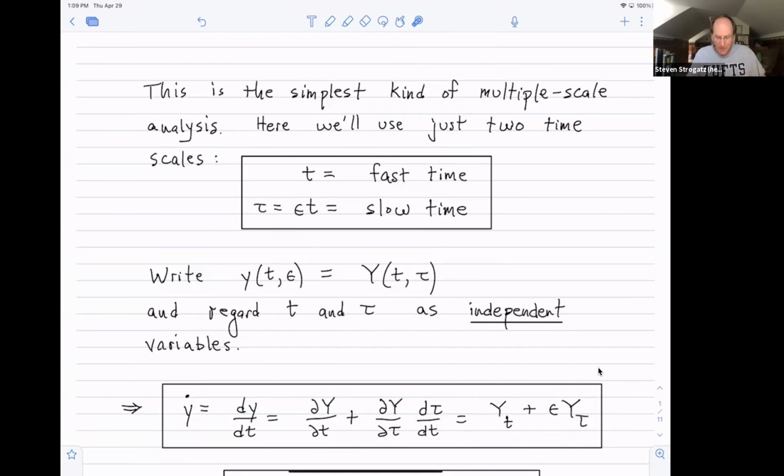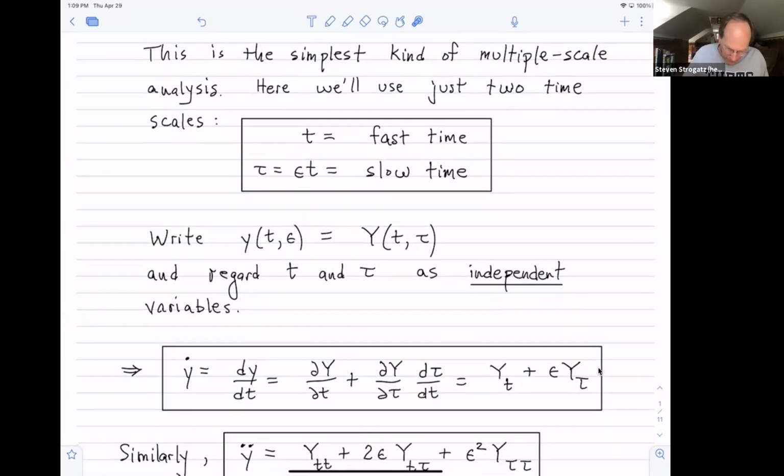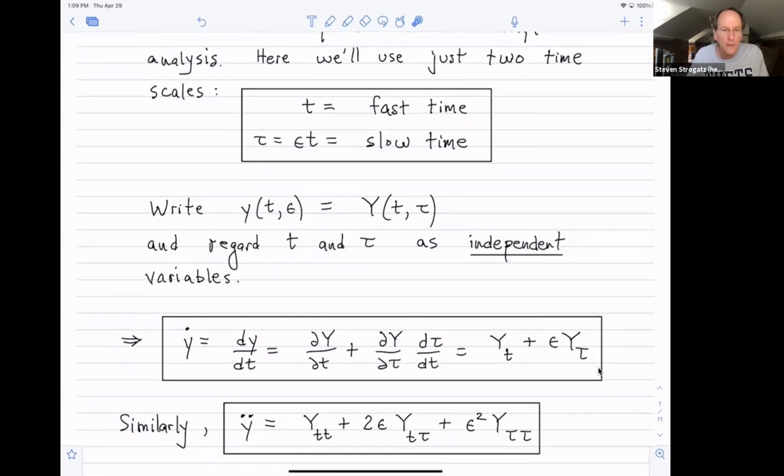And doing that same kind of calculation once more gives us a formula for the second derivative, which ends up giving us 3 terms. So I'm going to use subscripts for partial derivatives sometimes. I'll also use subscripts to number things in perturbation theory, like the 0th order term, the 1st order term, or whatever.